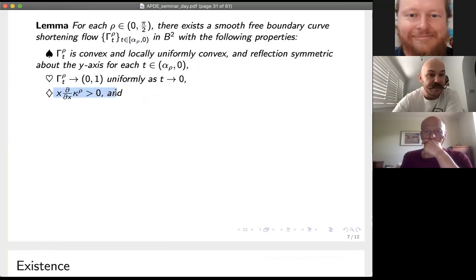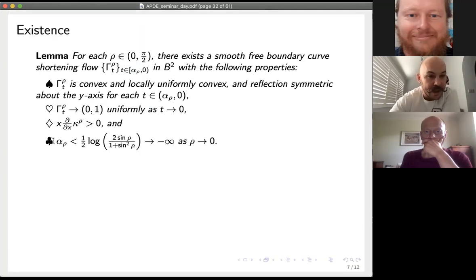You can preserve this monotonicity condition on the curvature, and you also get that these things exist for longer and longer times as rho goes to 0. So those are the properties you want of your old but not ancient solutions.